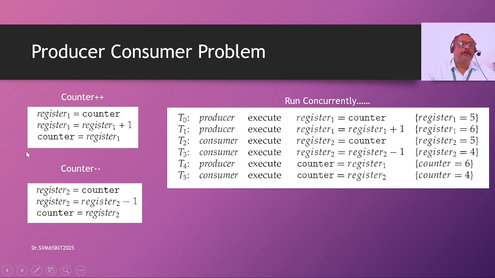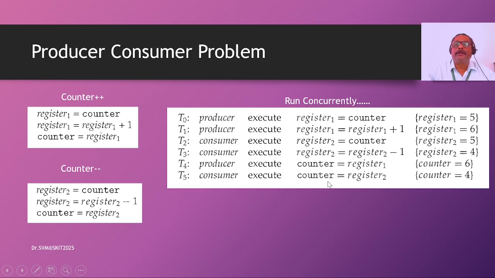Counter value is not yet written by the producer, therefore it still reads 5, and at t3 consumer executes the decrement of the value, then register 2 becomes 4, then producer executes writing the register value onto the counter location.